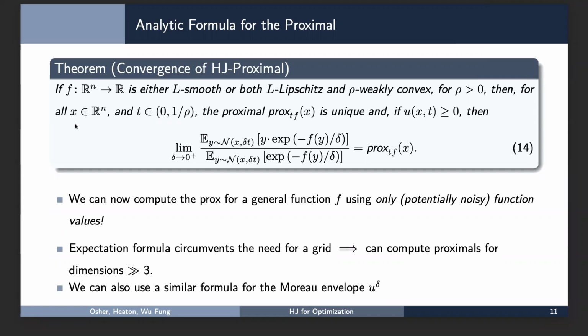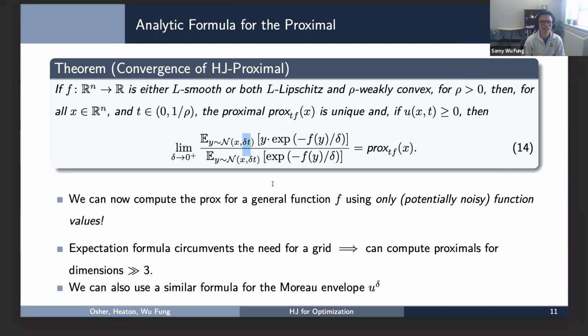This formula that you have, 14, because it has sampling in it, I expected that you need a lot of function evaluations, but actually your 23rd slide shows that you don't need an onerous number of function evaluations. Could you comment on that? Yes, the key trick here lies in the variance.